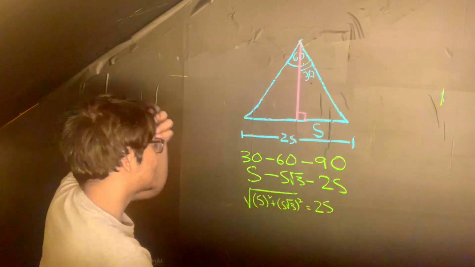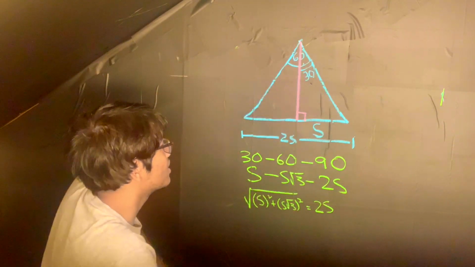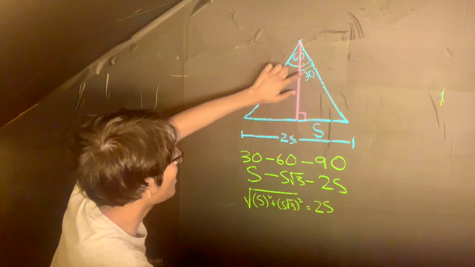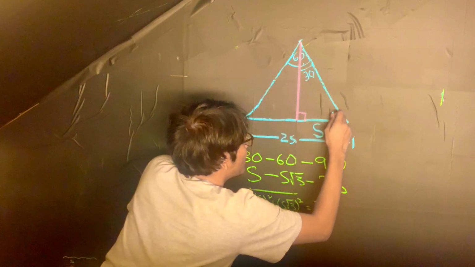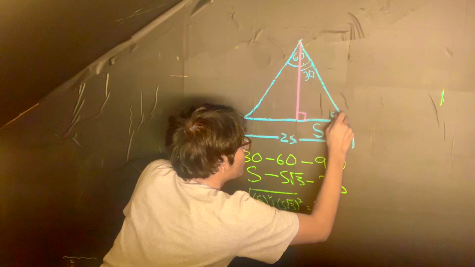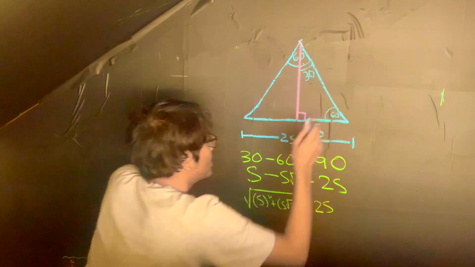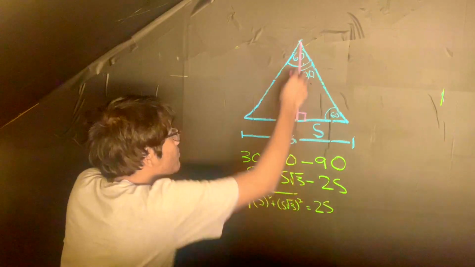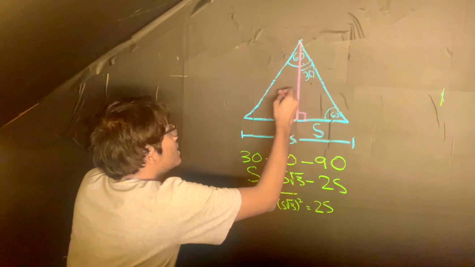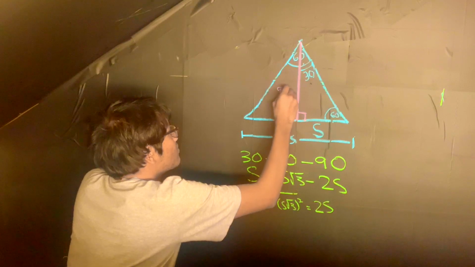So with that being said, how can we apply that over here? Well, we know that opposite the 30 degrees is s, so opposite this 60 degree angle over here is going to be s root 3. I've marked that in red, so I'm going to keep my tradition.